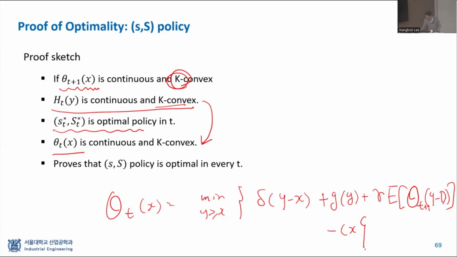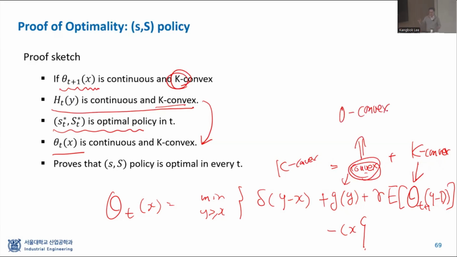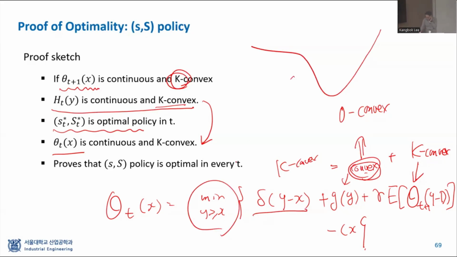Where do we start? Start from here. I'm saying that this is K convex, and this is convex, and the summation of convex and K convex results in K convex, just because convex can be interpreted as zero convex. So summing those two, we have another K convex. And this is just K delta. We can say that we still have K convexity holding, even for the minimum. The minimum of this remains K convex.